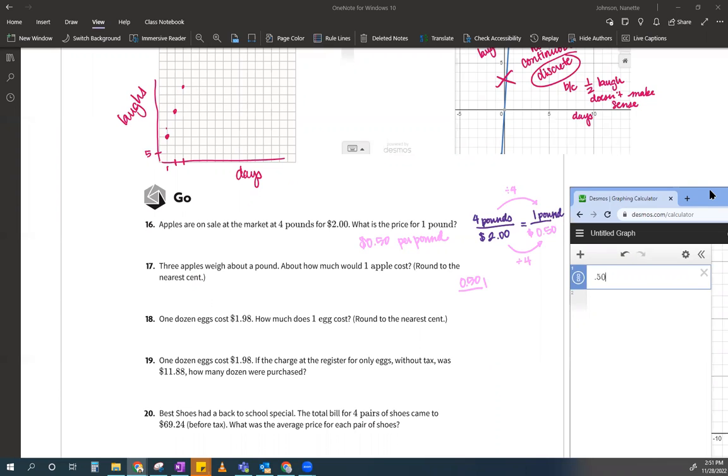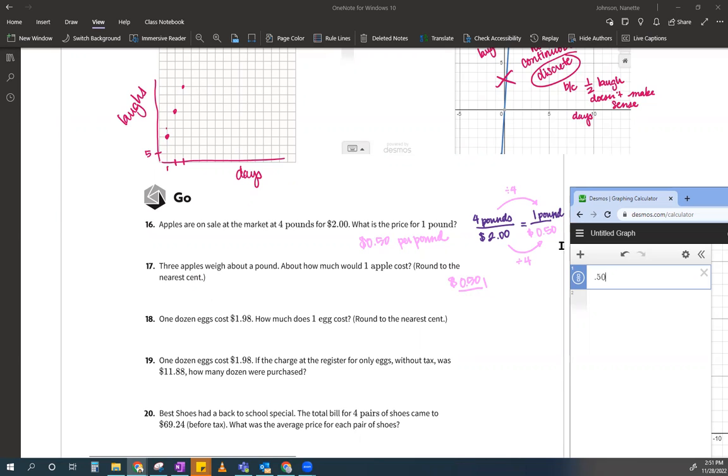If I already know that it's 50 cents for 1 pound of apples, and notice here my fraction flipped, and that's okay. And I know that there's 3 apples in 1 pound, right?